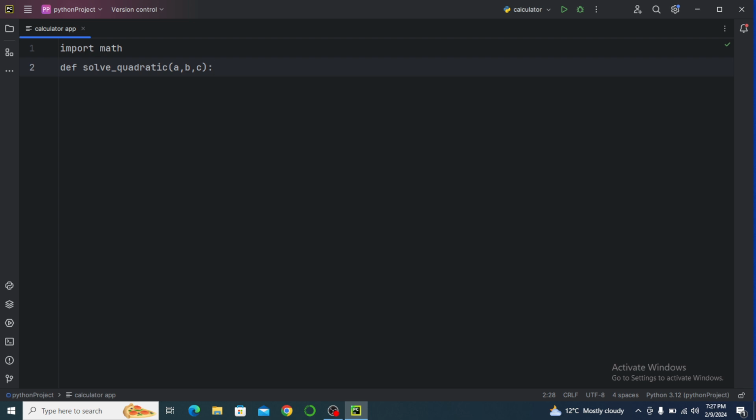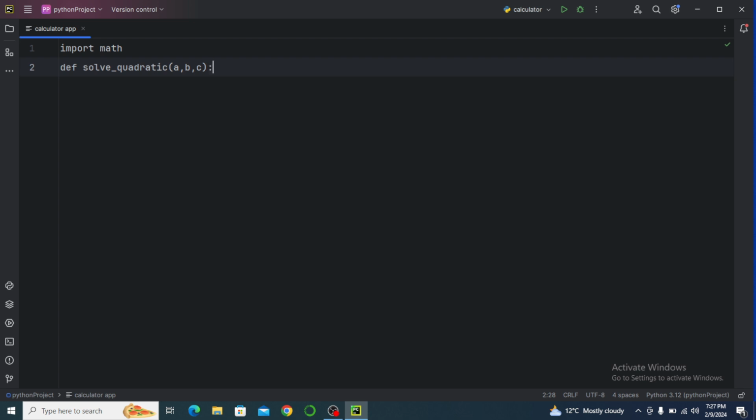We are now going to look at the discriminant that we talked about earlier. Solve quadratic takes three parameters, a, b, and c, which is what we're seeing on the screen. These parameters are the input, like ax squared plus bx plus c equals 0. As we said, the discriminant of a quadratic equation is calculated using the formula b squared minus 4ac. One of the reasons we calculate it is to determine the nature of the roots of that quadratic equation.